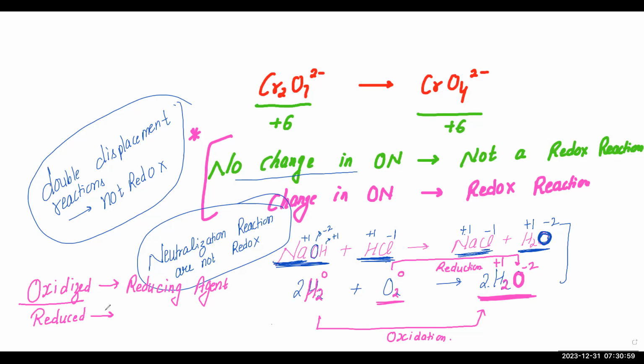So can I say oxygen is helping in the reduction of H2, or in the oxidation of H2? Sorry, correction. Oxygen is helping in the oxidation of H2. So whatever is getting reduced, oxygen here, is the oxidizing agent.